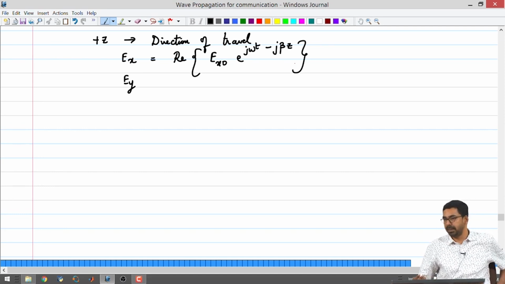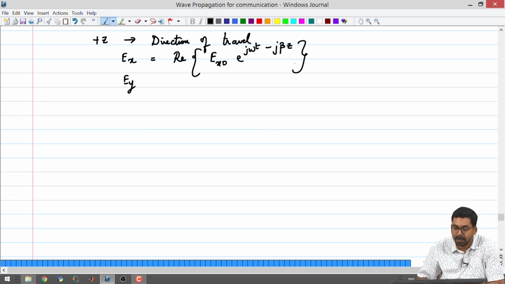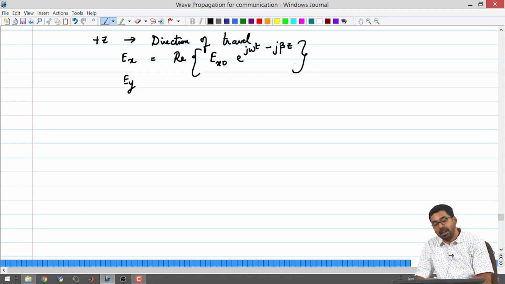So I multiplied by e to the j omega t, and the exponent becomes j omega t minus j beta z, which you could also write as j times omega t minus beta z. In this expression, Ex naught determines the amplitude or magnitude, and omega t minus beta z is known as the phase.